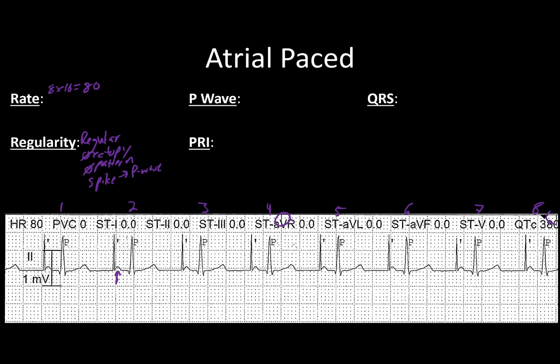If we measure it out then, since they're nice and regular, we got a distance of 19. That comes out to about 79. As for the P waves, native, well, we don't have any native. They're all paced. And what can we tell from that? Well, they're upright, so that's good to know.